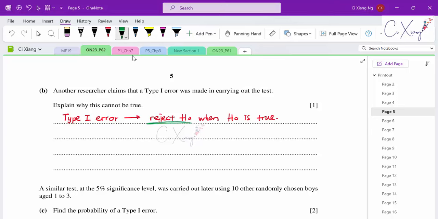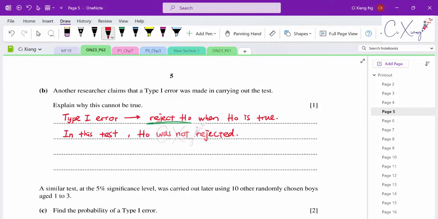All right, then in this test, do we reject the null hypothesis? No, right? We actually fail to reject, or do not reject, the null hypothesis. So in this test, the null hypothesis was not rejected. Therefore, this is not true. Okay, so that's the reason.